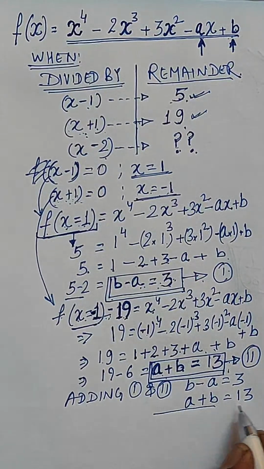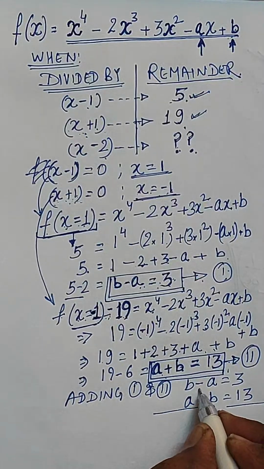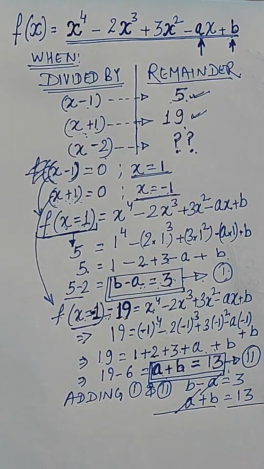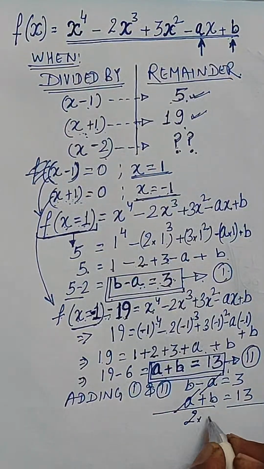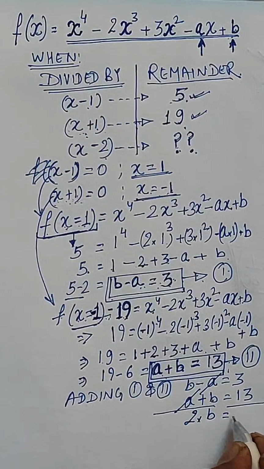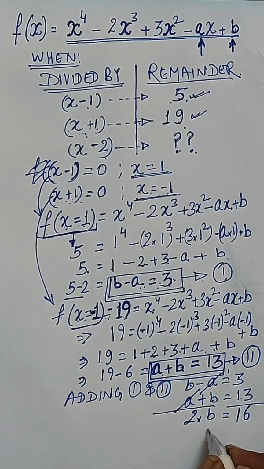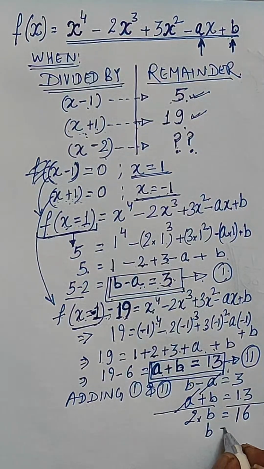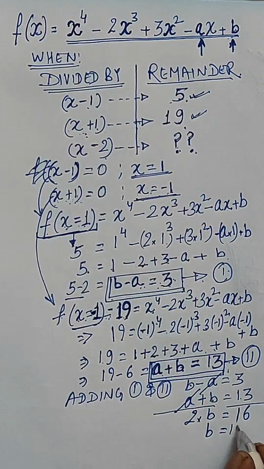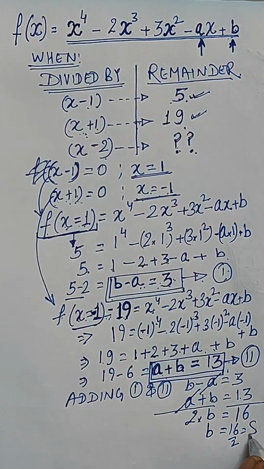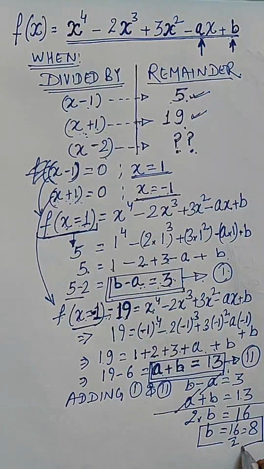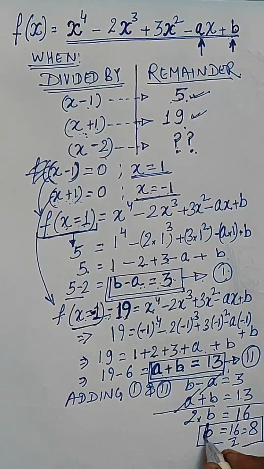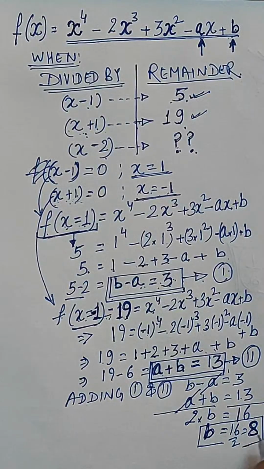When you add it, you can see here a and a will be cancelled out, and we will be having b plus b, that means 2 times b is equal to 3 plus 13, that is equal to 16. So this will give you the value of b as 16 by 2, which is equal to 8. So the value of b is calculated, my dear friends. Finally, we calculated the value of b, which is equal to 8.